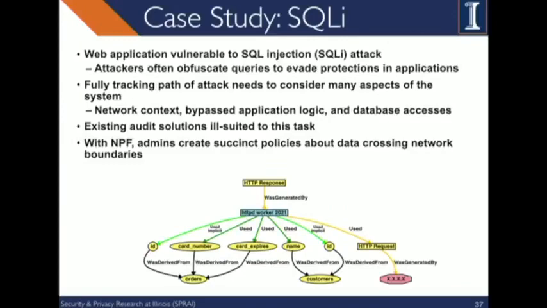So in a successful SQL injection attack, a packet is received by a web server, some sort of malcrafted input successfully bypasses the sanitation logic of the web application, and then it reaches the backend database where a SQL request has been reformed in the clear. So web server, web application, database. We actually need to understand the provenance of all these different entities in order to explain the attack succinctly. And so this is what the network provenance functions buy us.